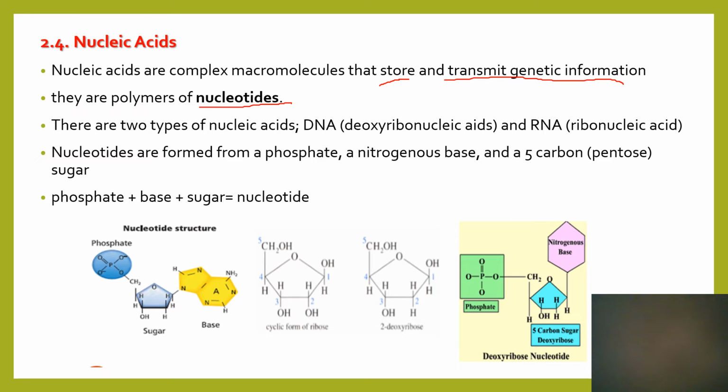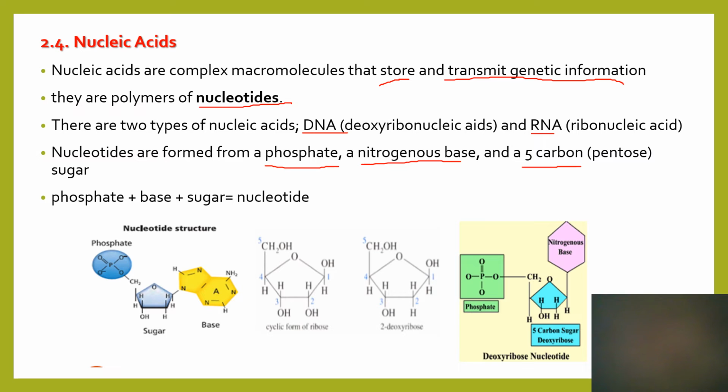So there are two types of nucleic acids, as I've already said: DNA, which is deoxyribonucleic acid, and RNA, which is ribonucleic acid. Nucleotides are formed from three main components. These nucleotides, which are monomeric units for nucleic acids, are made up of phosphate, nitrogenous base, as well as 5-carbon sugar, which is pentose sugar.